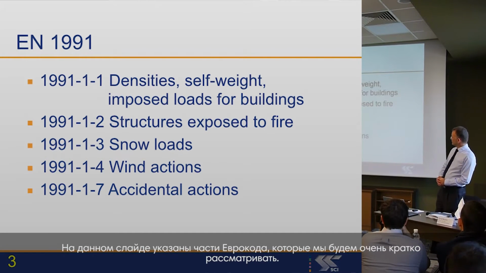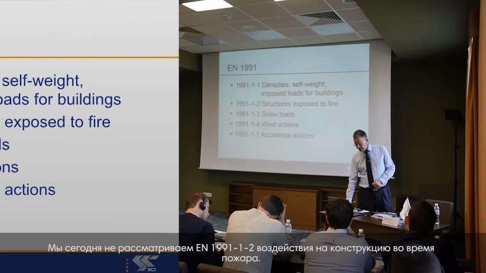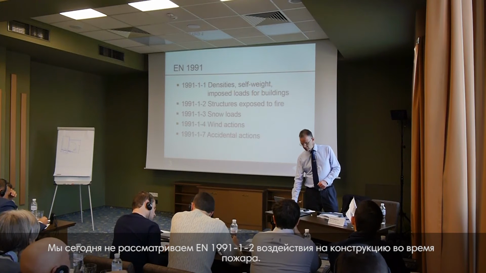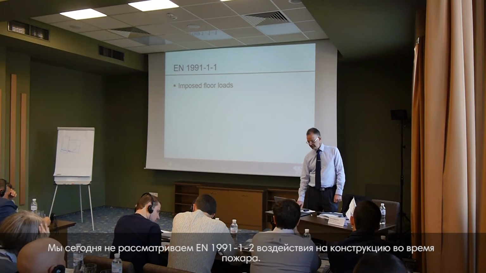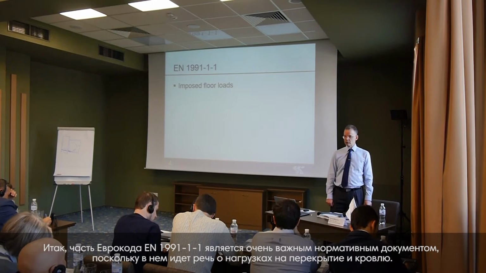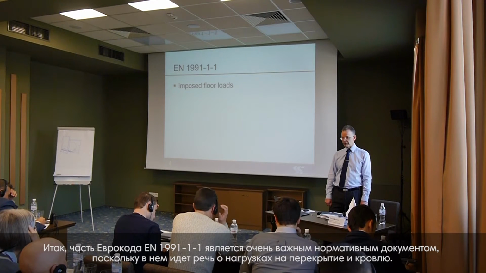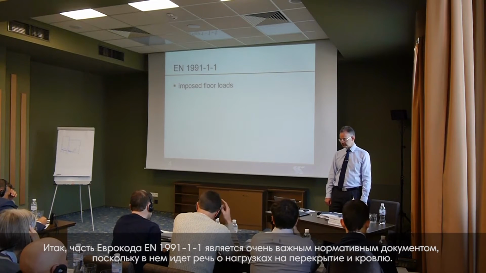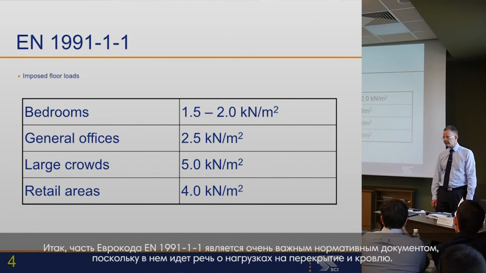So these are the parts that we're going to look briefly at, although I'm not going to cover 1991-1-2. I'm not considering fire today. So 1991-1 is an important standard because that will tell you about imposed loads. It will tell you about imposed loads on floors, and it will tell you about imposed loads on roofs.